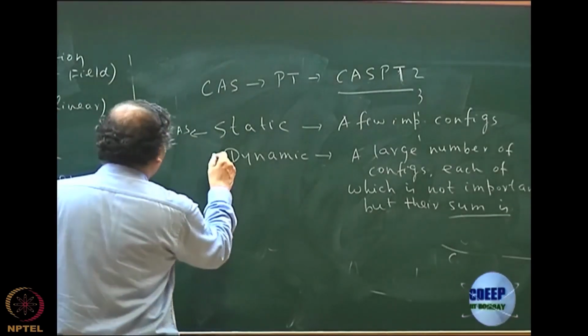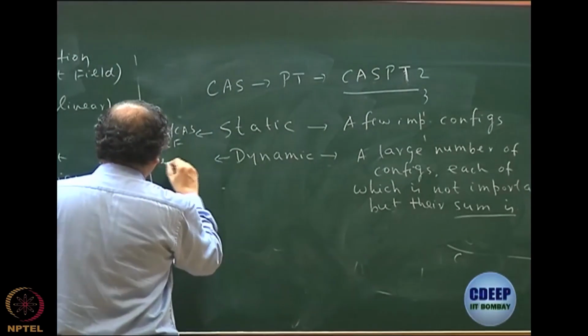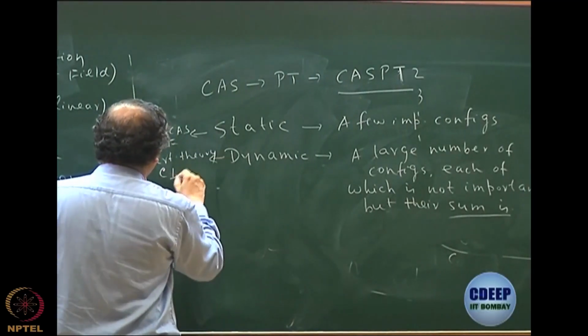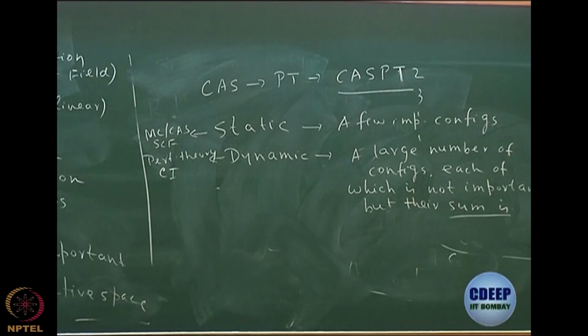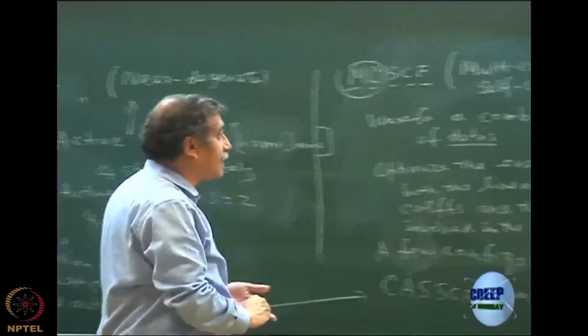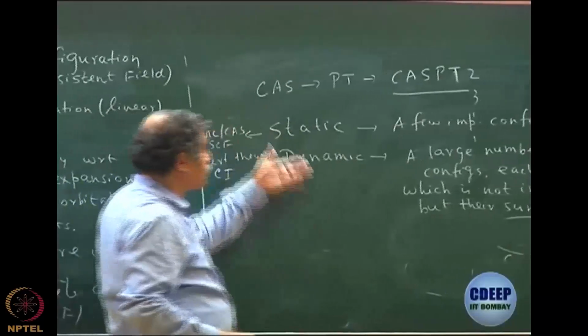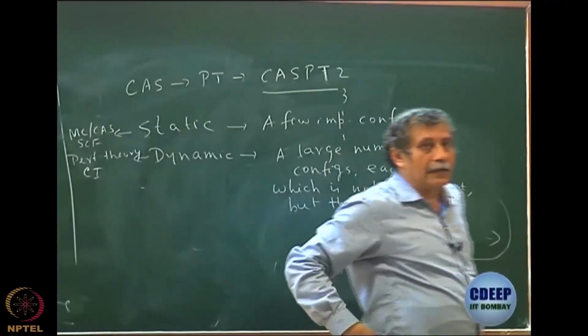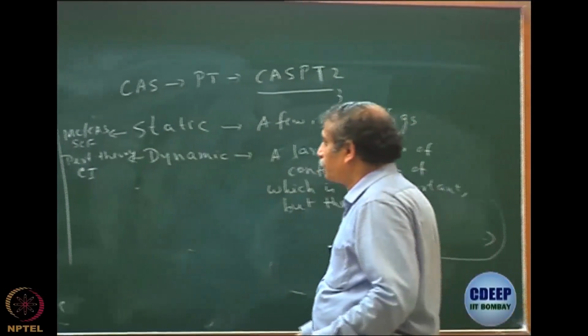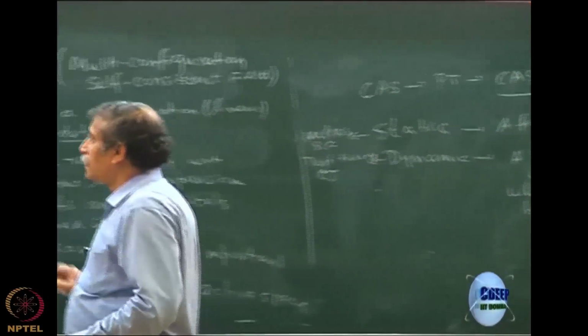For dynamic correlation, you have to do the perturbation theory, or normal CI, CI involving all other determinants. Basically, I have to involve the rest of the orbitals, not just those few configurations, for dynamic correlation. So, this is something that is understood today, that correlation also has two different parts, and different theories can handle each of these very well. So, I think this is something that I thought I would tell you among the other important theories.